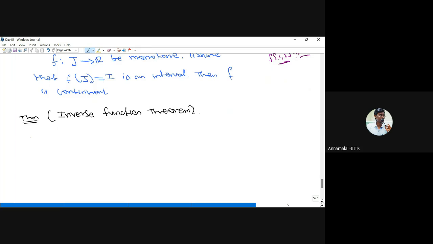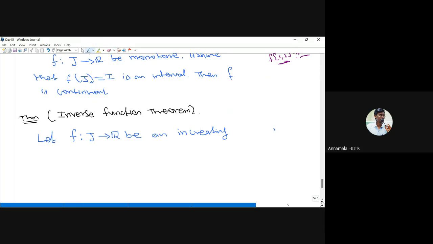Suppose we have an increasing function. Let f be a function from J to R, an increasing function. Not only an increasing function, it is a continuous function.